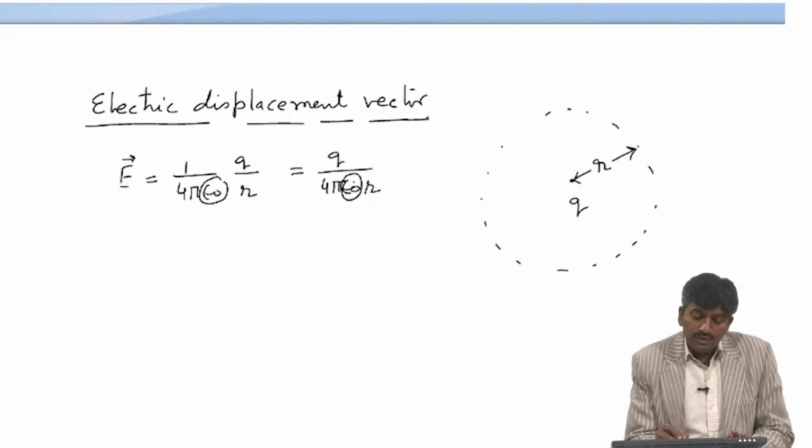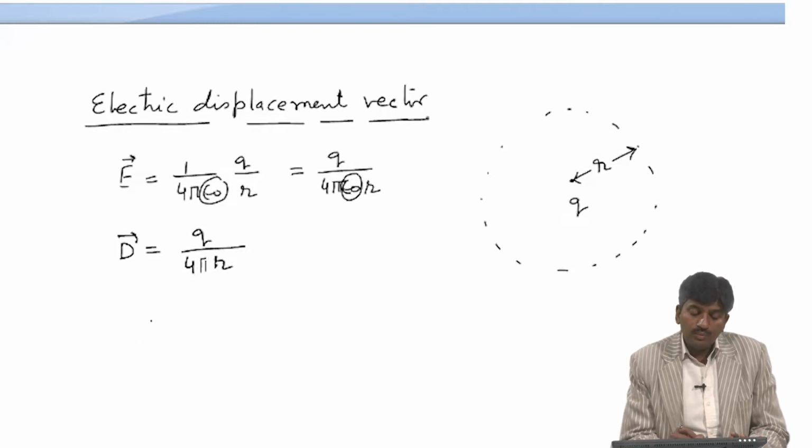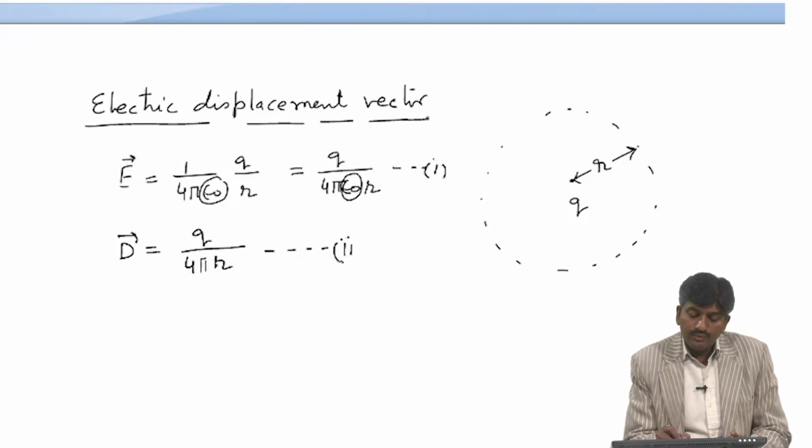If the electric displacement vector does not depend upon epsilon naught, then we can write D equal to q upon 4 pi epsilon naught becomes negligible r, so D equal to q upon 4 pi r. This is equation number 1 and this is equation number 2, and we divide the first and second equations.